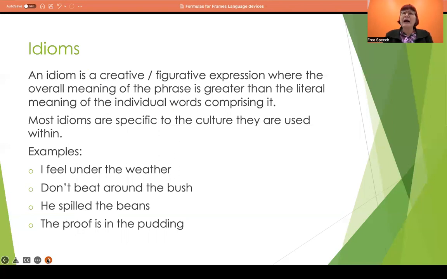So they often come from historical contexts. So something like, I feel under the weather. I read that came from traveling on the high seas. When people were seasick, they went under the boat to get away from the harsh weather. So they felt under the weather.